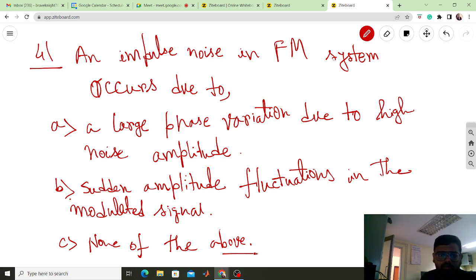Is it due to sudden amplitude fluctuations in the modulated signal? You're saying option B, right? Yeah, option B. Okay. Anybody else?